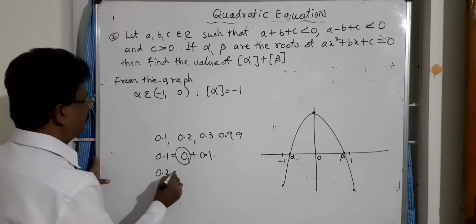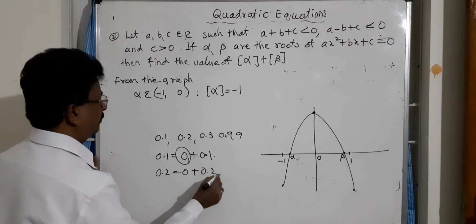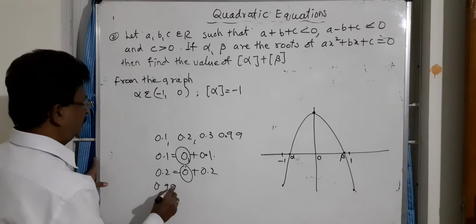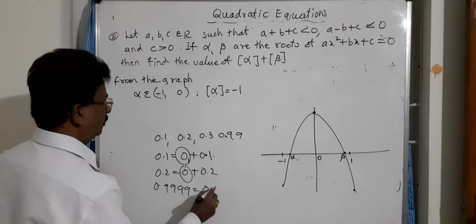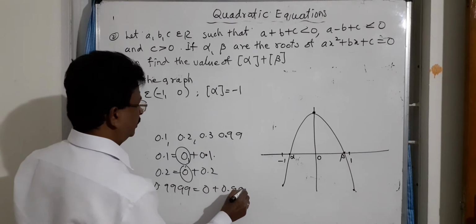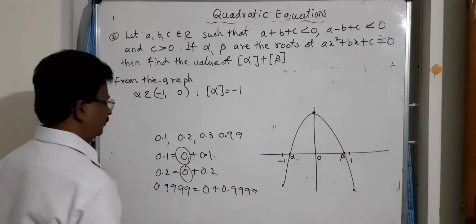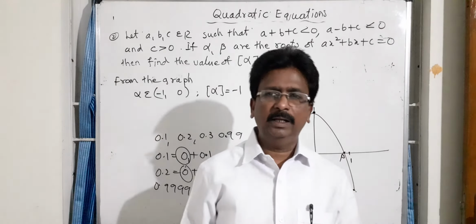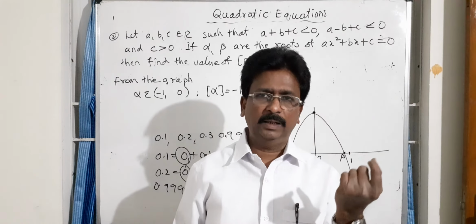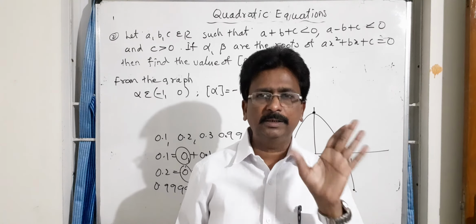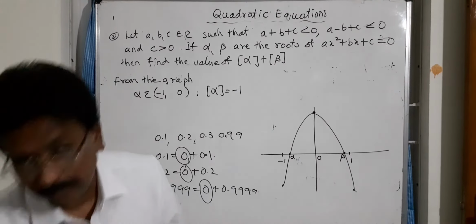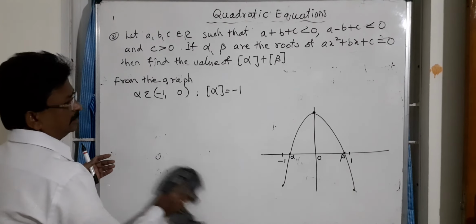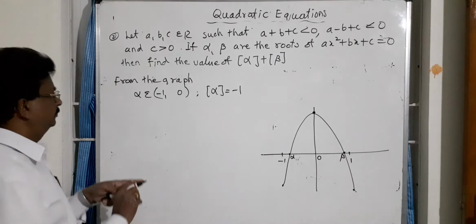For 0.2, 0 plus 0.2. Integral part is 0. For 0.9999, 0 plus 0.9999. Integral part is 0. Therefore, for any number between 0 and 1, its integral part is 0. So, because of that reason, the step of beta also equal to 0.